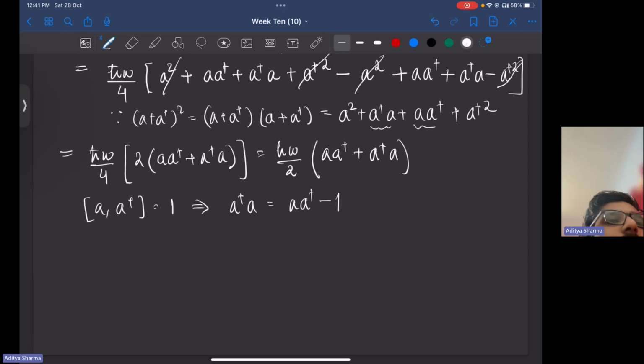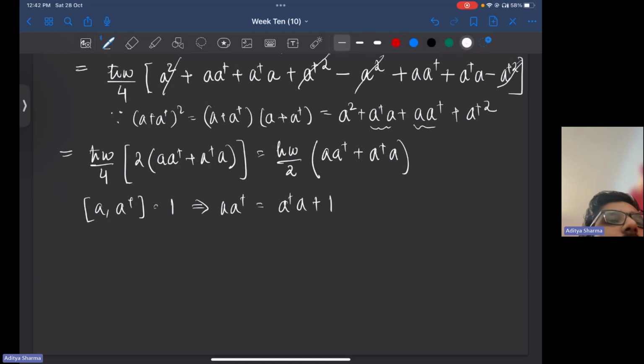I want to write it in terms of a dagger a, so I want to substitute a a dagger, which is just a dagger a plus 1.